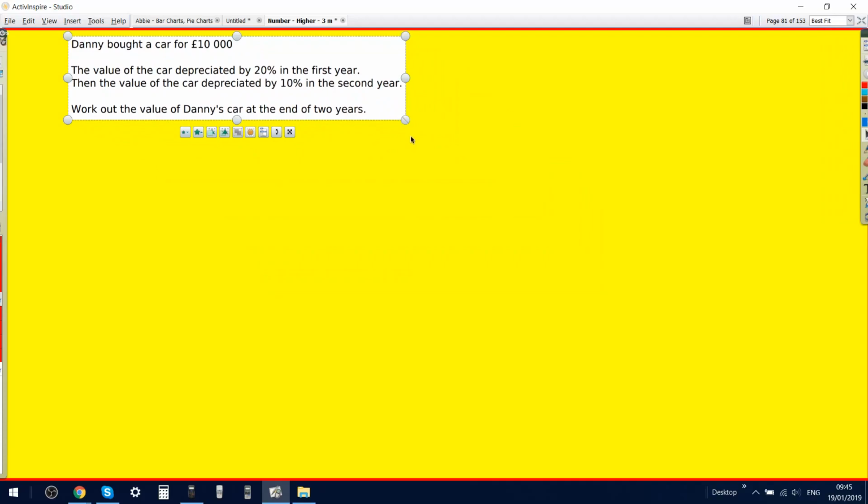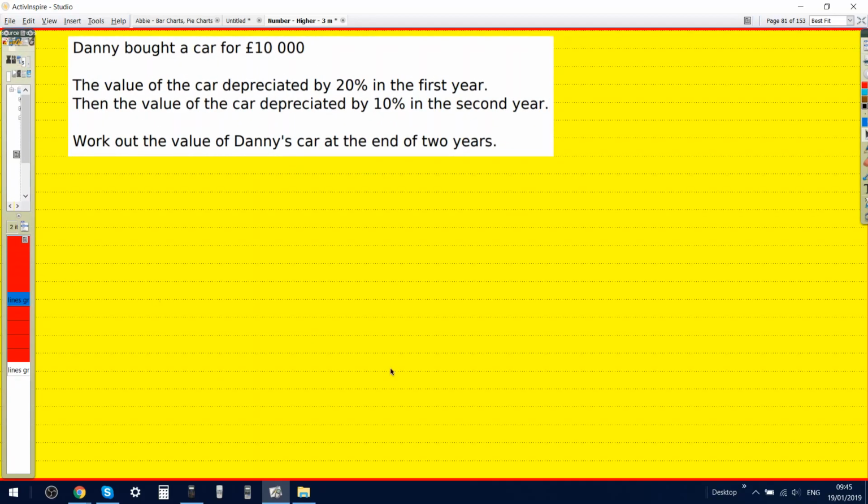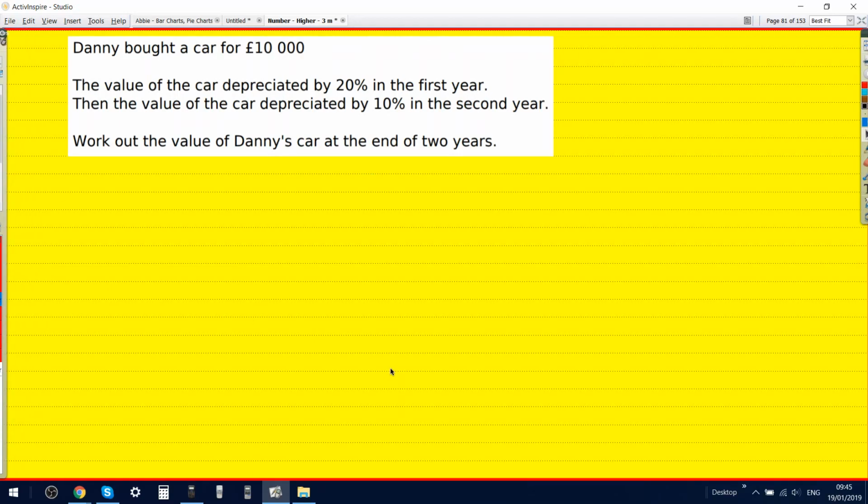How would you do this one? So do I do 10,000 times 0.8 and times that answer by 0.9?